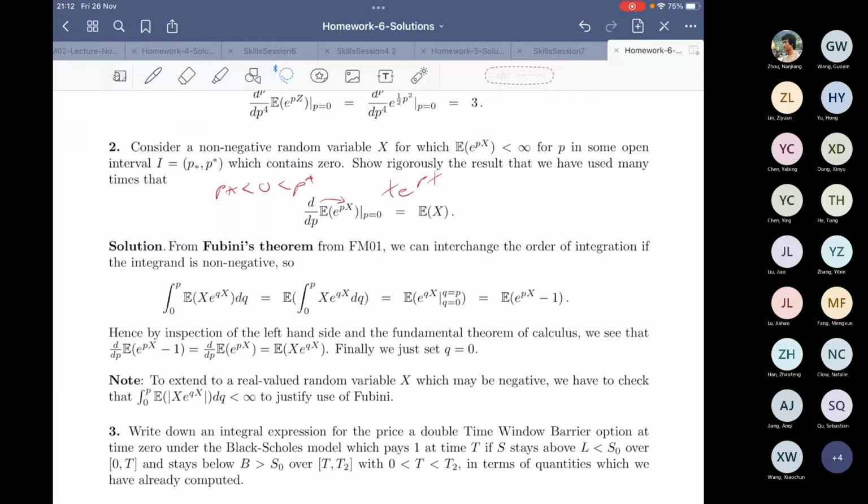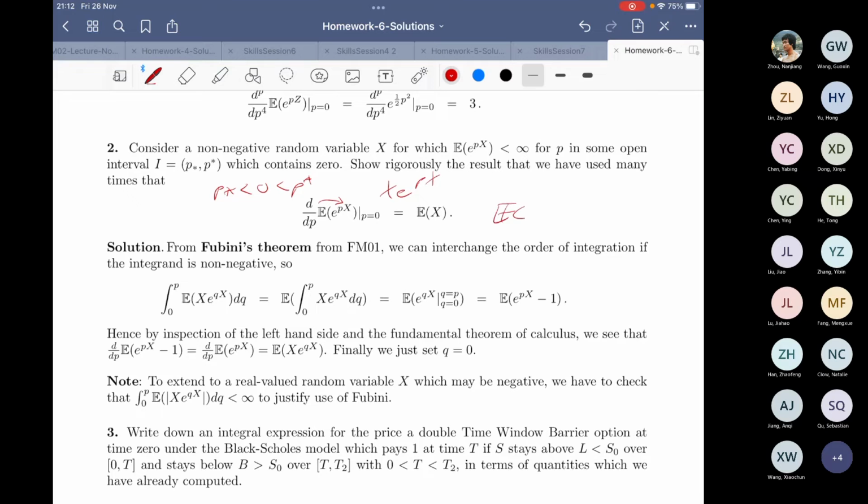It just says that if you've got an integrand which is non-negative, then what we'll be interested in is the integral from 0 to p. Why is this a double integral? Because you've also got an expectation here, but hopefully you've at least seen in FMO1 that you can view an expectation of X as an integral of X dP.